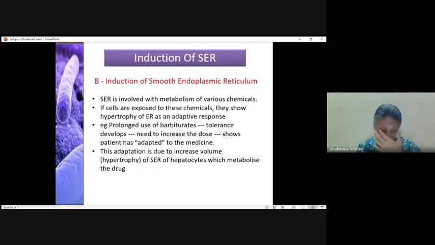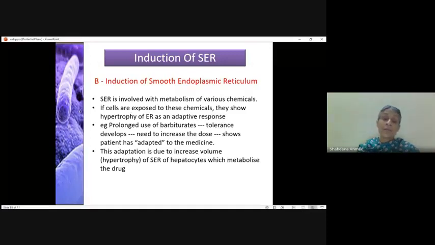Now, if you look at the smooth endoplasmic reticulum, it shows adaptive tendencies. If these cells are exposed to certain chemicals, the reticulum hypertrophies in an adaptive response. Classical examples are drugs like barbiturates. Why do we develop tolerance to these?